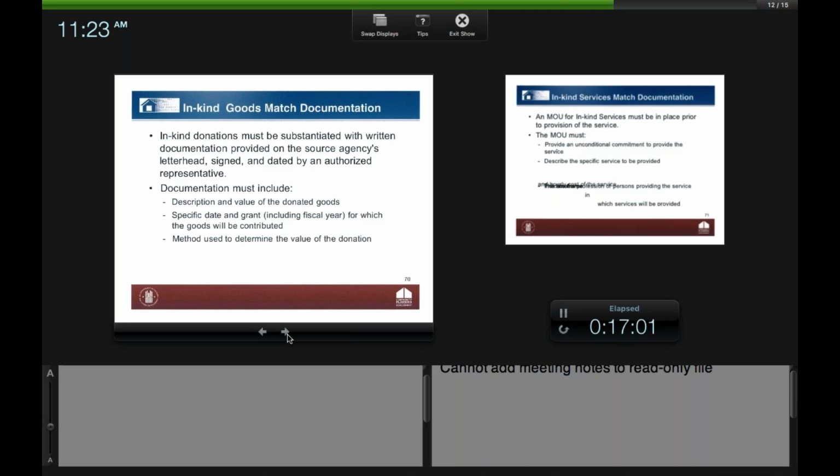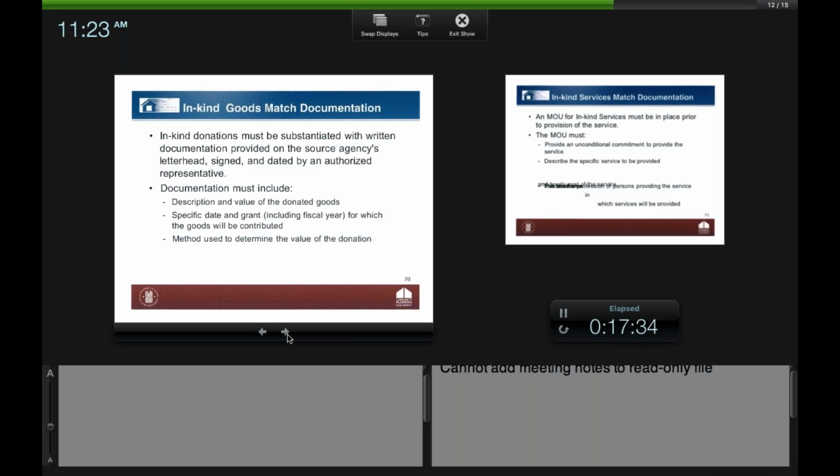In-kind. In-kind donations must also be substantiated with written documentation provided on a source agency's letterhead, signed and dated by an authorized representative. And so the grantee can provide its own in-kind donations to be counted as match.